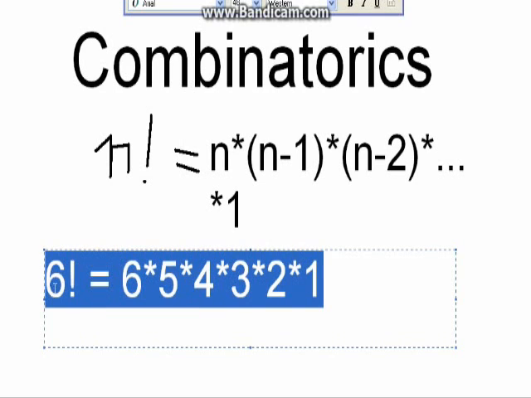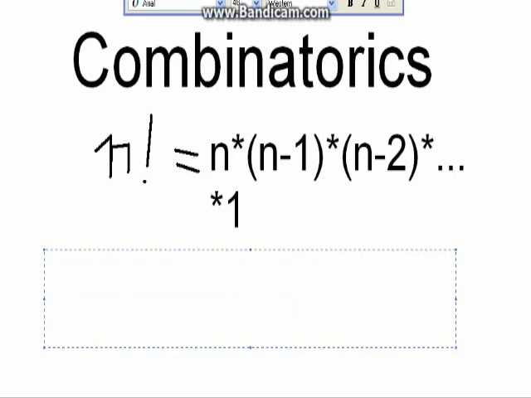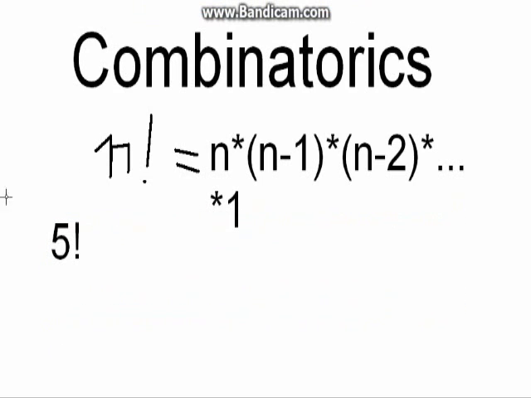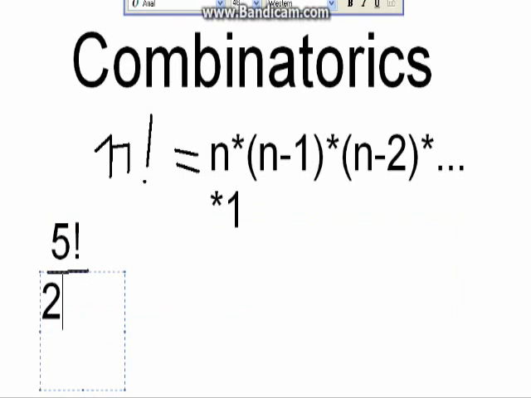Well, what we would do is write 5 factorial, and then divide 5 factorial by 2 factorial. And here's why.